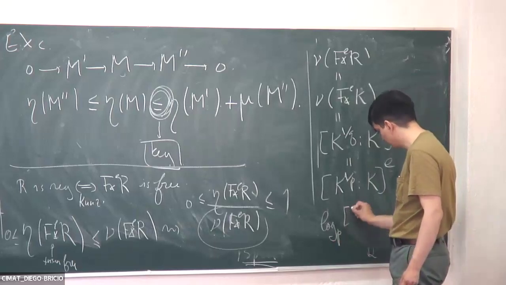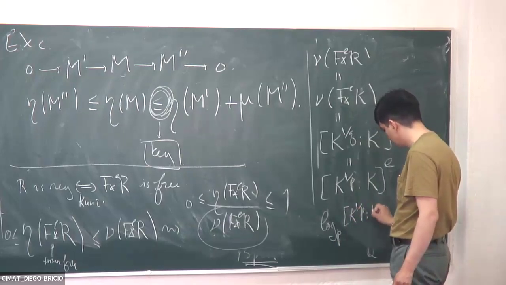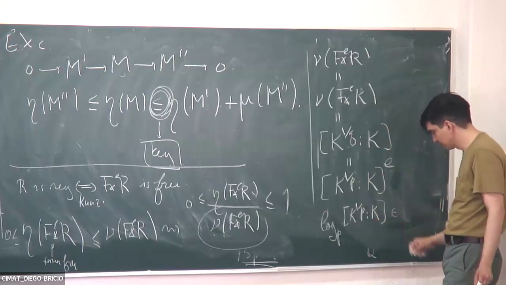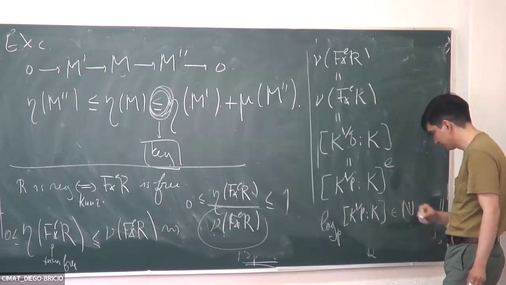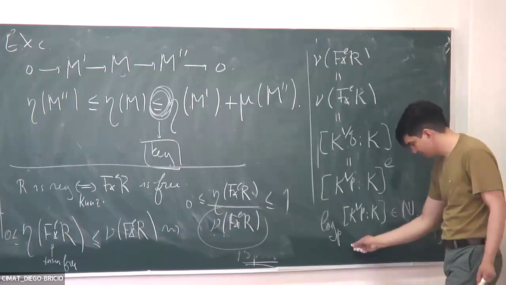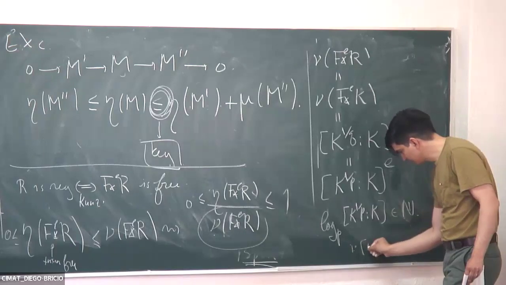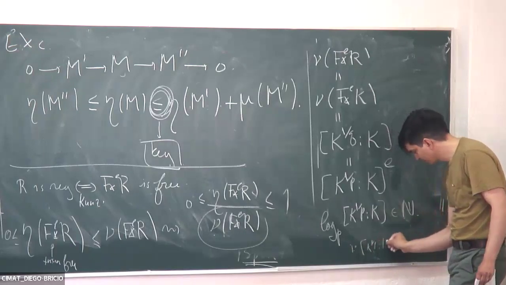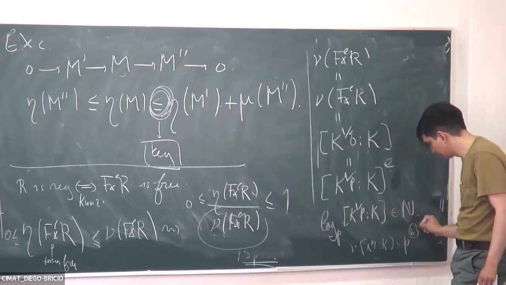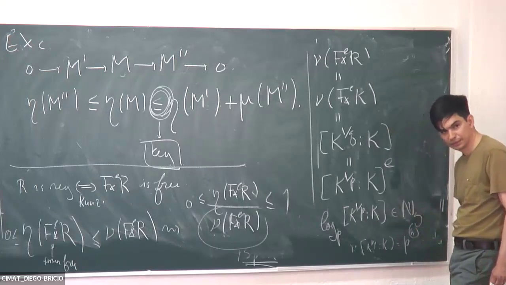So a way to say that is that the log base p of this number is a natural number, i.e., this thing equals p to the something that is a natural number.